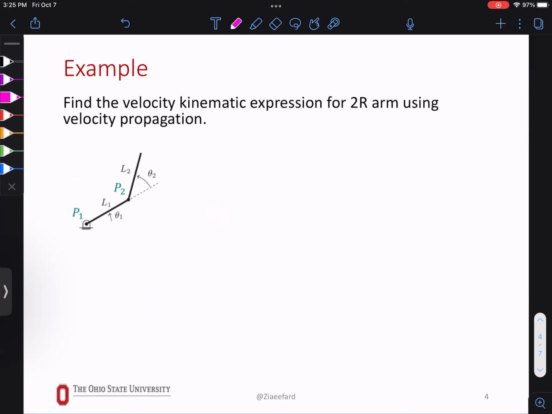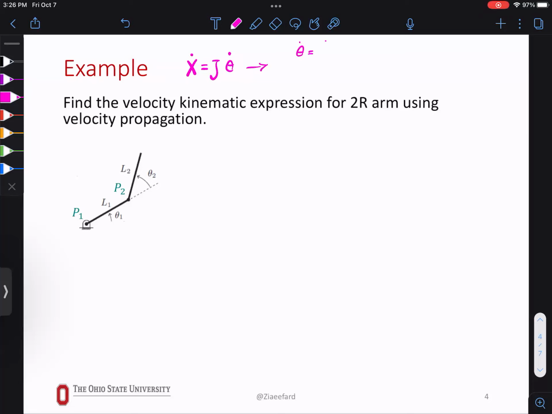Now, a little bit of review quickly. So this was the velocity kinematics, right? J is your Jacobian. We want to find the velocity kinematics expression for this robot. In order to find it, I need to find what J is. What is theta dot? Do we know what theta dot is?